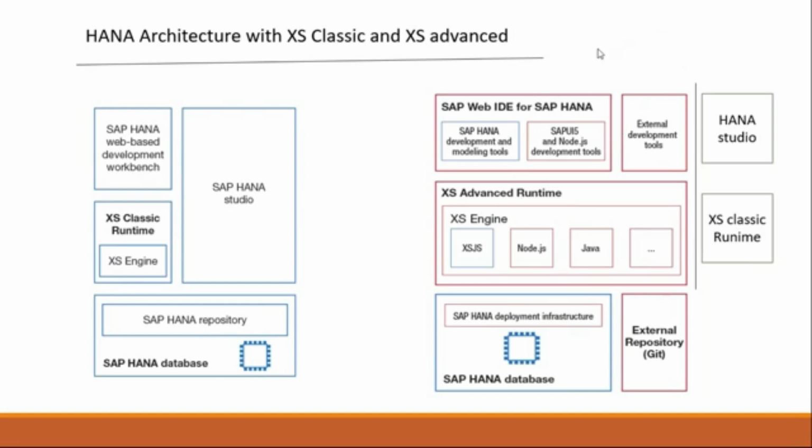And the second biggest change SAP wanted to put in was the runtimes. Previously, XSJS and XSOData were the only runtimes, and they were customized only for SAP. Now it's open source. Node.js is a very powerful open source runtime, so you have thousands of libraries available in the market ready-made. SAP doesn't have to develop anything for you, which was the case in XS Classic. You have a Java runtime, and you can bring your own language.